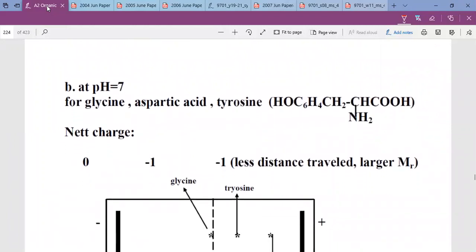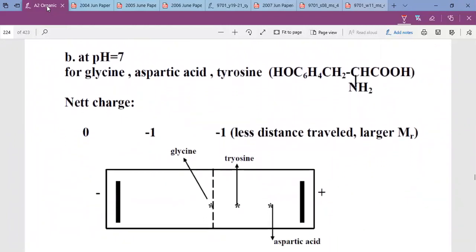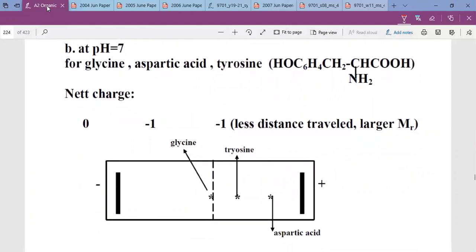Now here, this one here, tyrosine. Now this is a carboxylic acid group, correct? This is your amino group, correct? Now the side chain here has got a phenol group, remember?